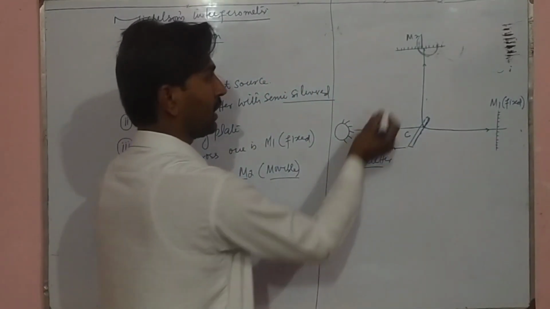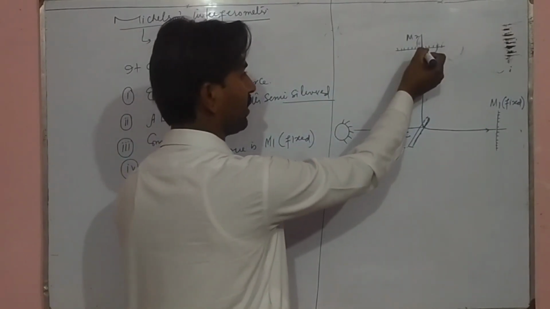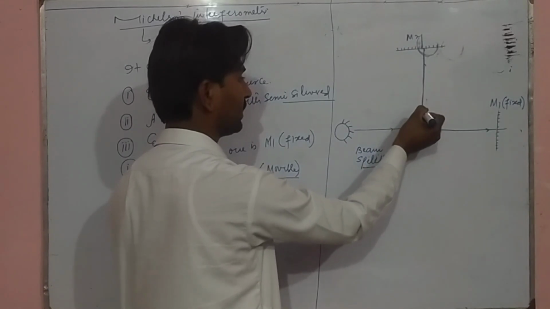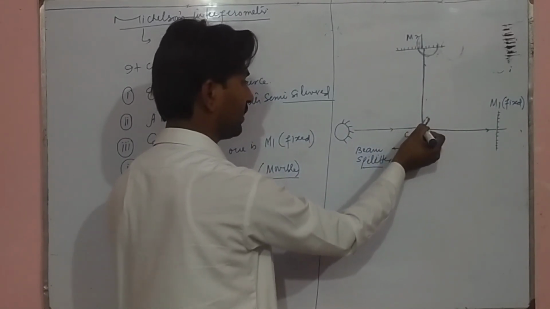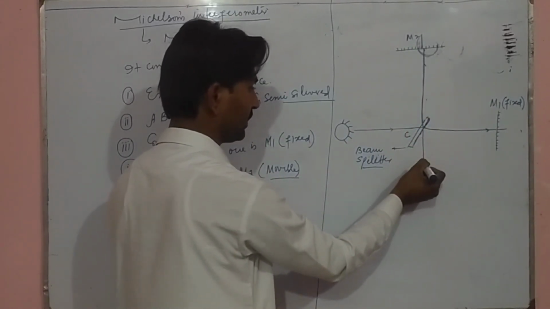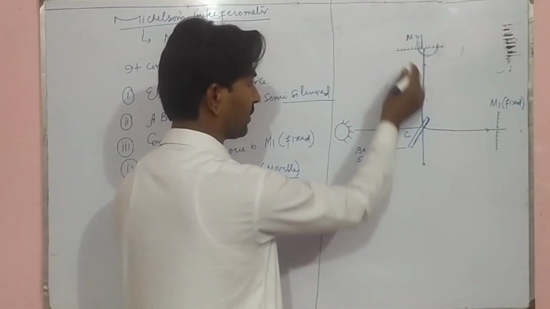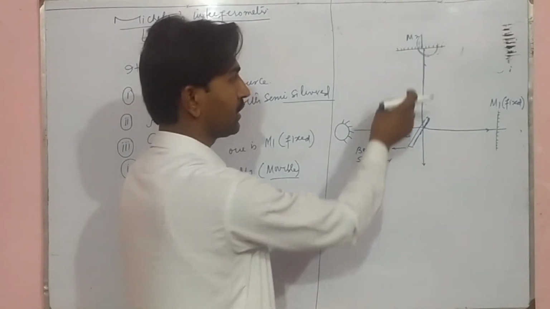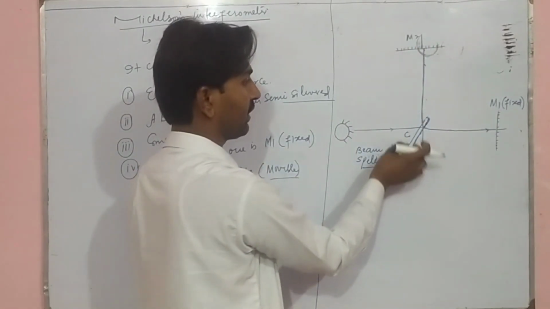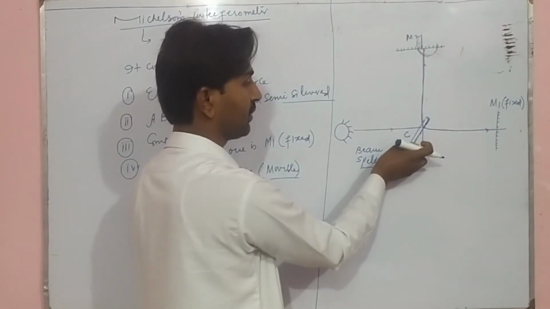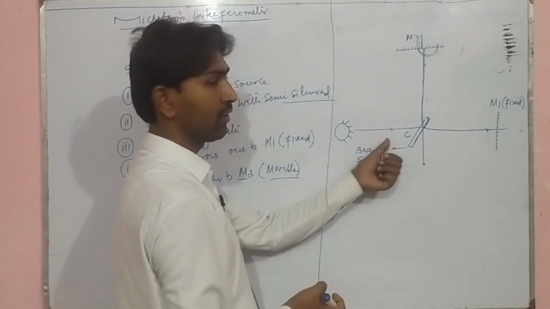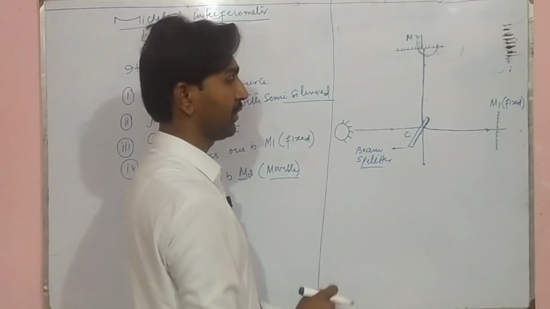After reflection, it will come back along the same path, and this will be the radiation reflected from the M2 mirror. But when it is reflected, it passes through the unsilvered part of this beam splitter.